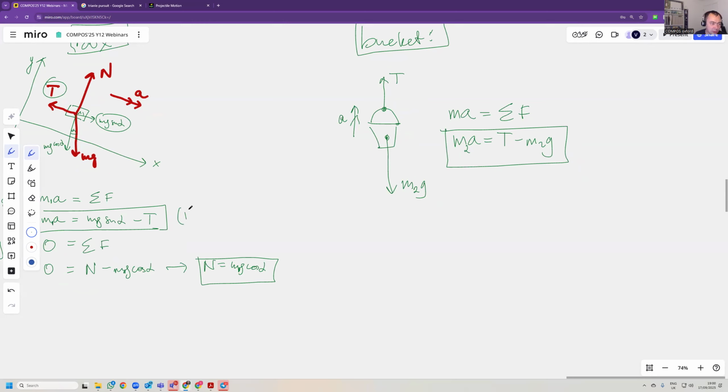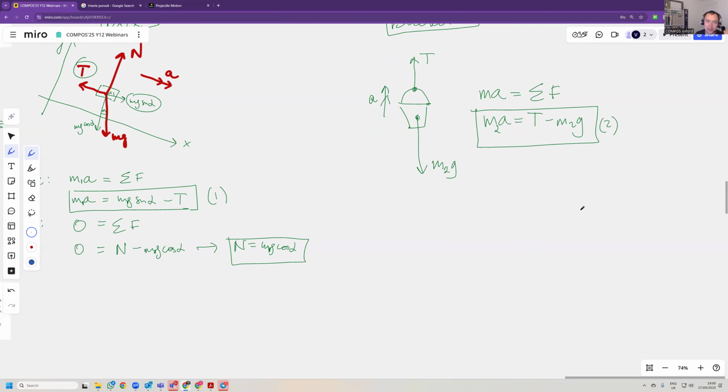So that's equation number 1. That's equation number 2. And you can solve them simultaneously. You can add them, as a matter of fact. 1 plus 2, first equation plus second. So M1a plus M2a equals M1g sine alpha minus M2g.